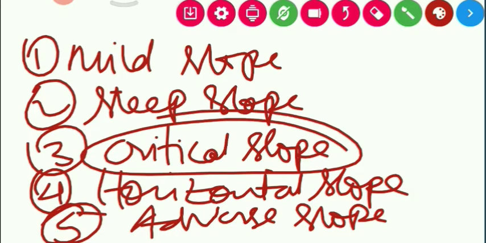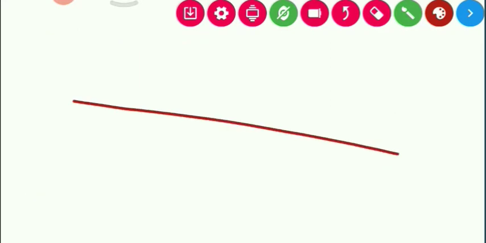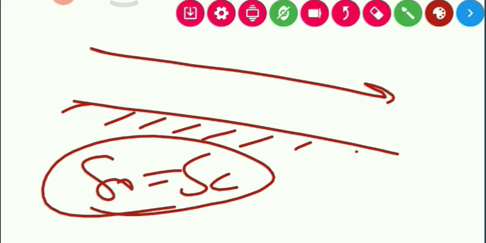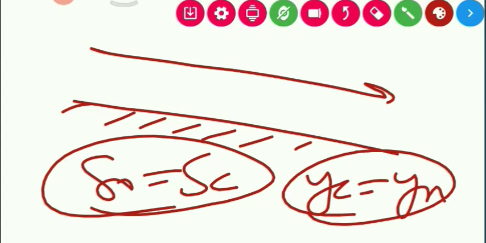In the critical slope, the channel bottom slope is equal to the critical slope and the normal depth of the flow is equal to the critical depth of the flow. So here yn and yc lie on the same surface.